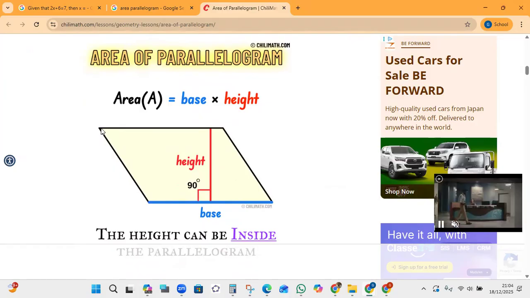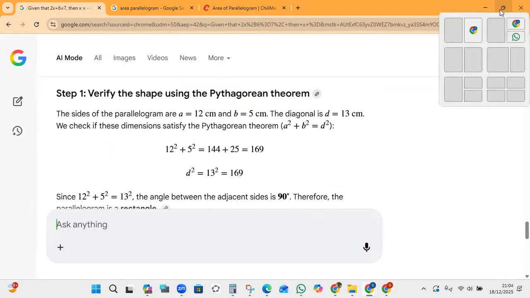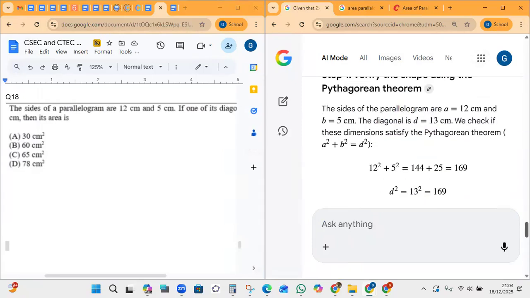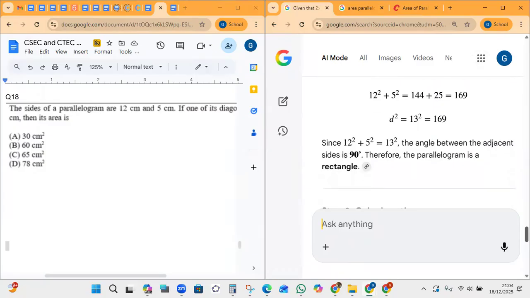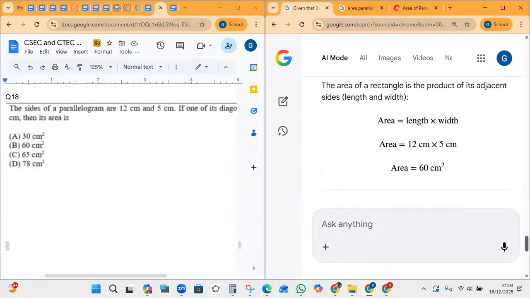So you put it to stand up like this, it will give you the same area as the length times the width. So the answer is B. 12 times 5.